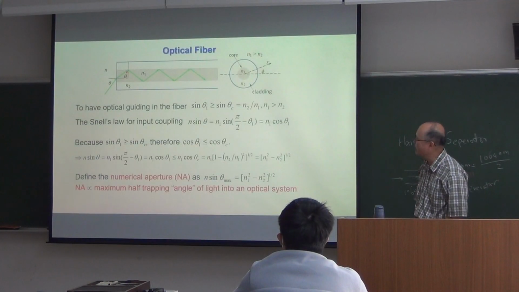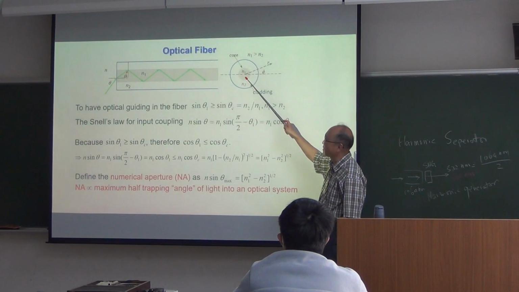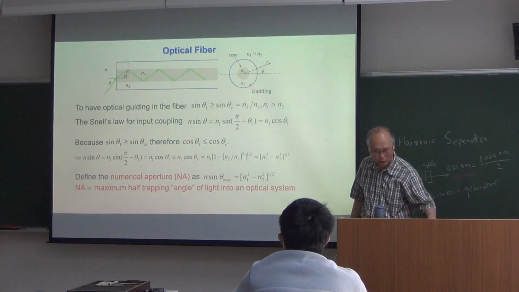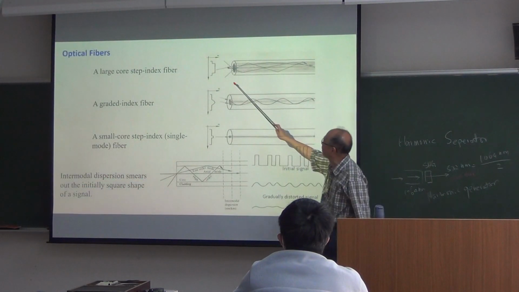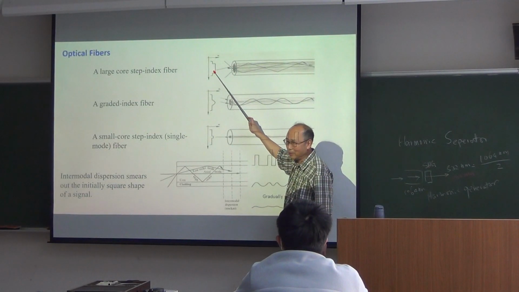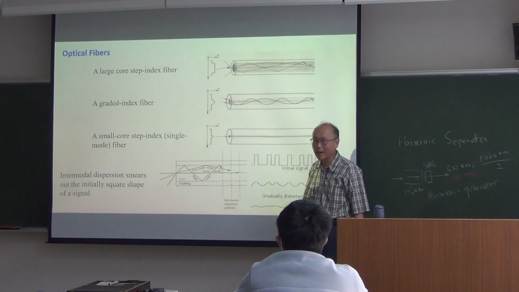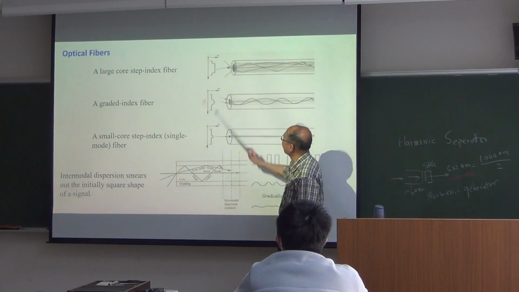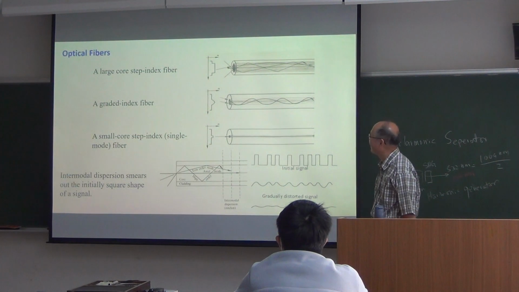Previously on this page, we had the step index fiber, because the refractive index changes in a step like this. The core refractive index is higher, and the cladding refractive index is reduced a little bit, and we call this a step index fiber.